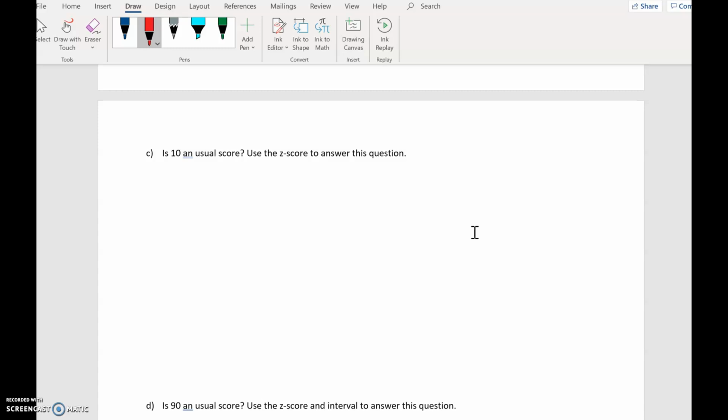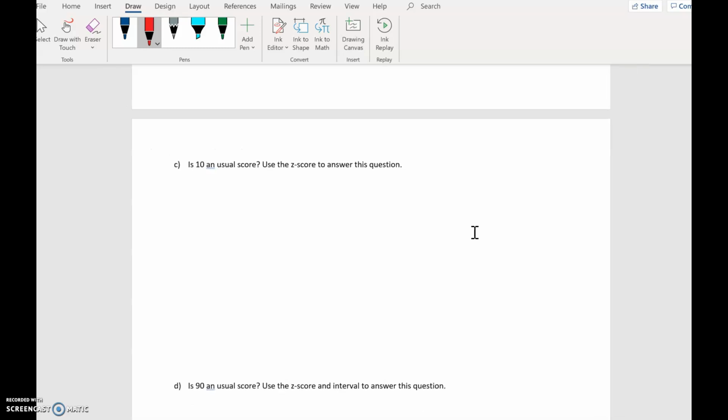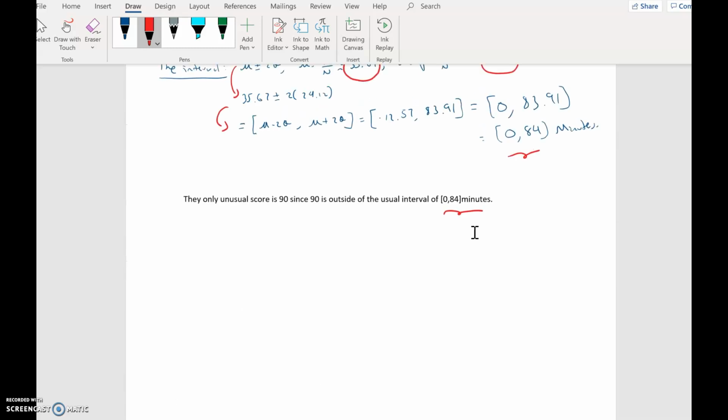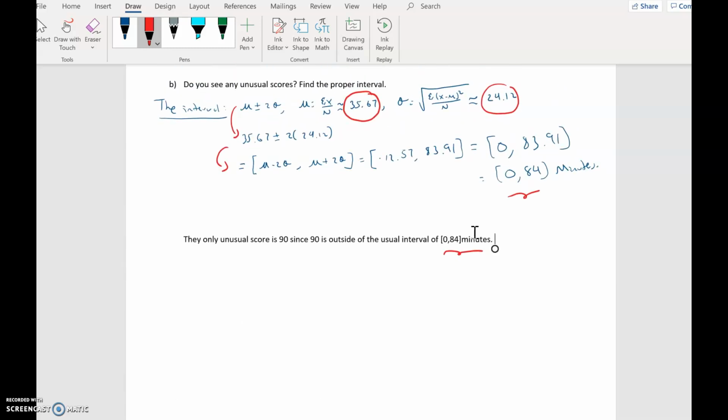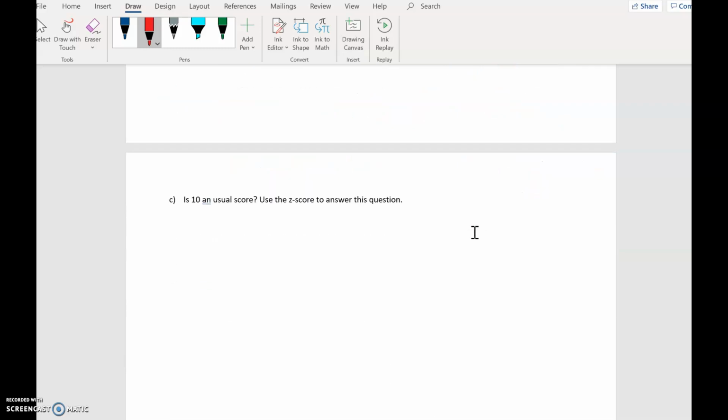actual population. So let me just copy the original values. In this case, it was 35 and 24. So we're going to have that x is equal to 10, and its z-score is going to be x minus mu divided by sigma.